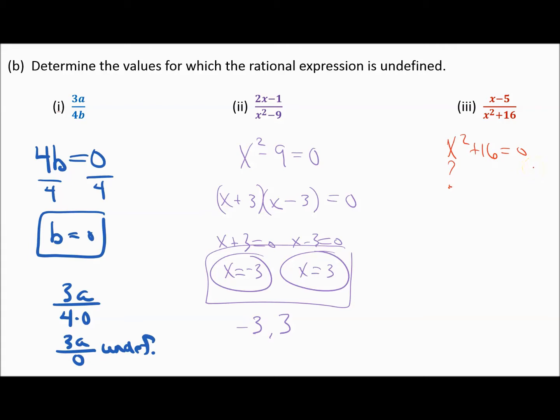And if you think about that, the x squared would have to be negative 16, right? Well, negative 16 plus 16 adds to be 0, but how do I make x squared equal to negative 16? Well, I can't. Anytime you square a number, whether it's negative or positive, it turns positive.